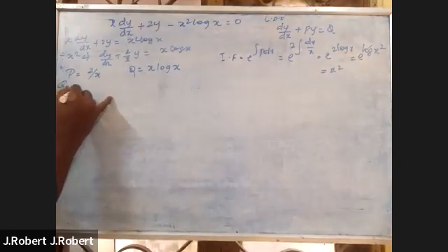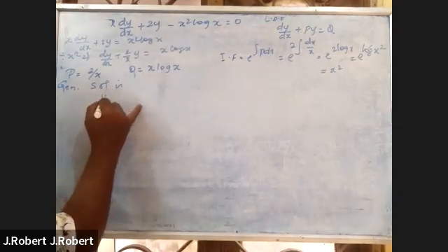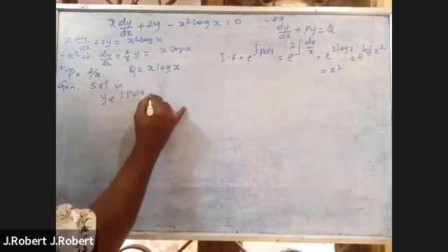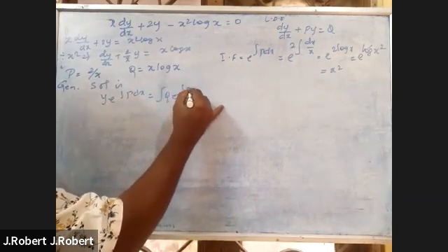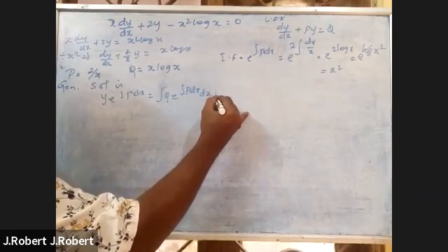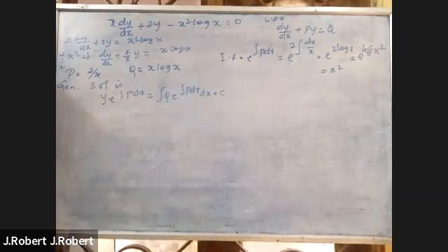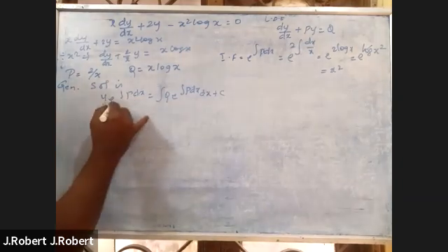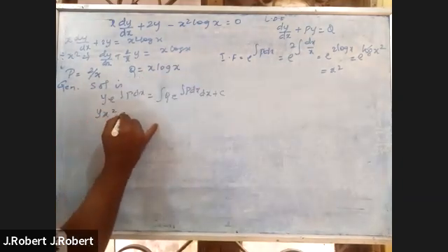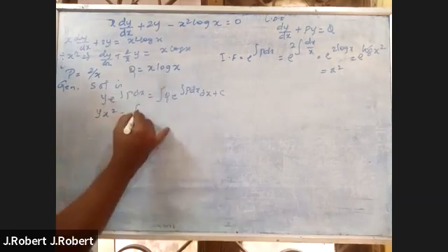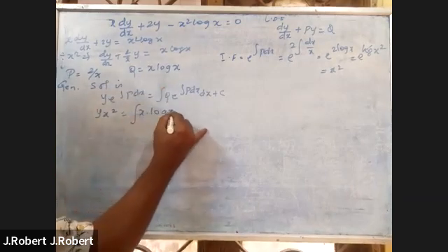Now we can find the general solution: y e power integral p dx is equal to integral q e power integral p dx dx plus c. I hope you all know that, right? So this is the formula for the linear differential equation. Now e power integral p dx is x square. Your q is equal to x into log x.